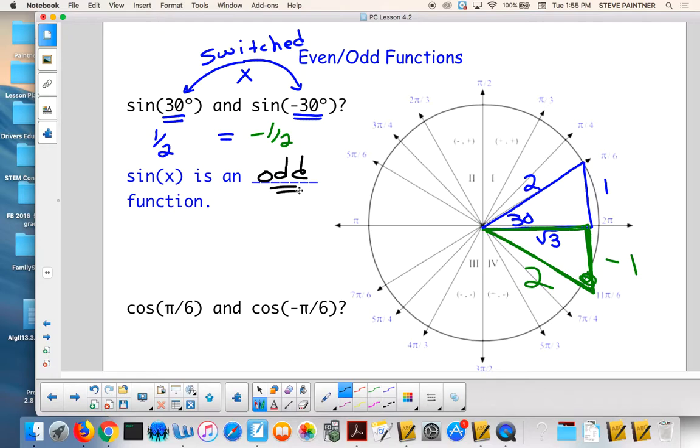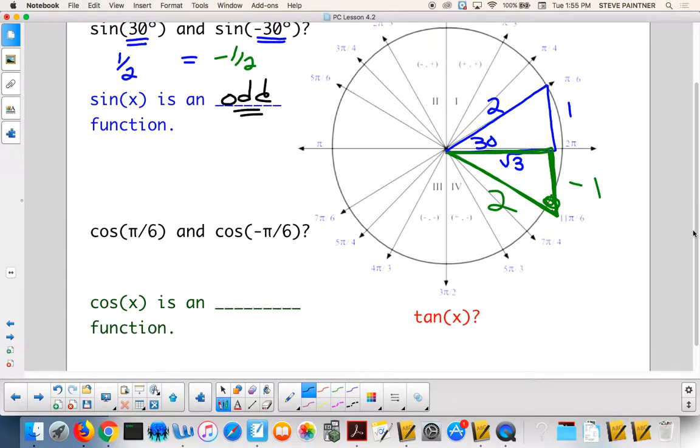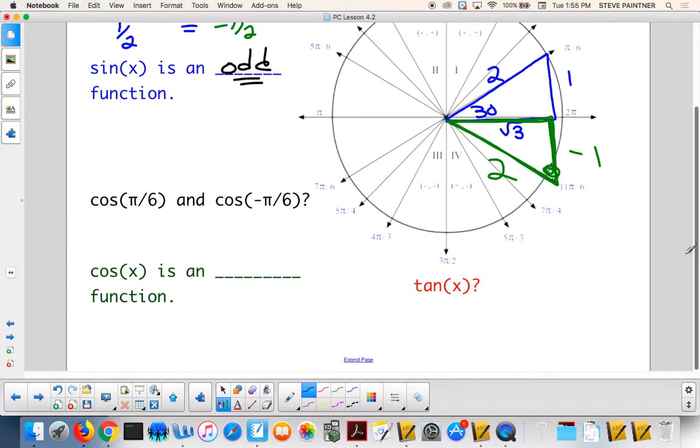Origin. What about cosine of 30 and cosine of negative 30? You can get those answers quick. Finish it. Basically, I just switched x here, didn't I? Switched x. That's what I did.